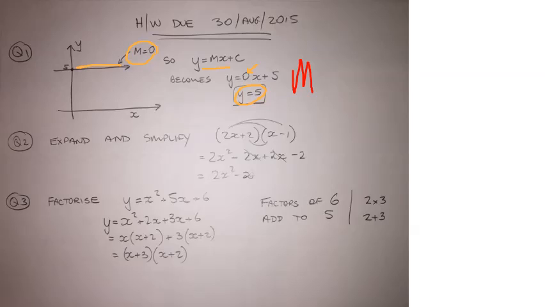The second question that we've got asks to expand and then simplify. So the expansion process I've used here is crab claw. You can also use FOIL, which is where you multiply the first, the outside, the inside and the last.